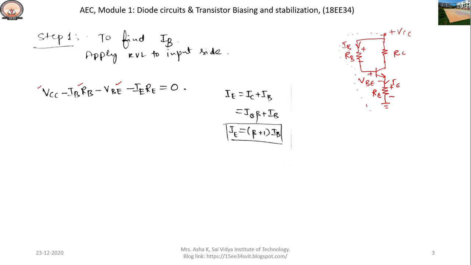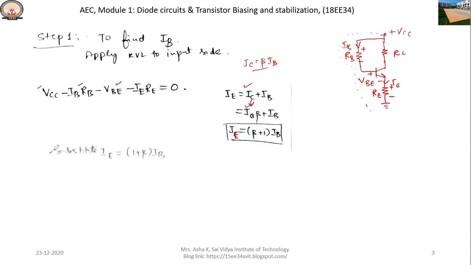We have learnt the emitter current is equal to the collector current plus the base current. I know the current gain relationship: the output current is equal to beta times the input current. Hence, by substituting this, we get the emitter current is equal to beta plus 1 into IB.